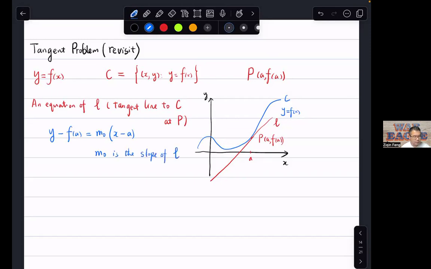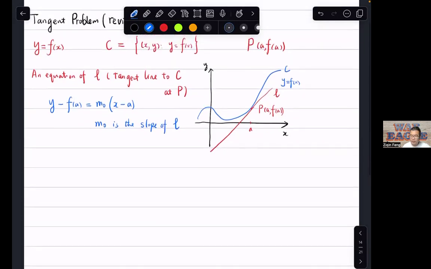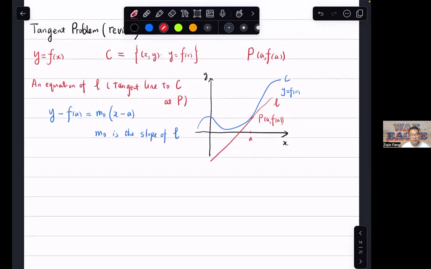So how do we get our L? By our discussion before, we start from an arbitrary point, let's use orange here. This is our Q here. Q is given by (x, f of x).